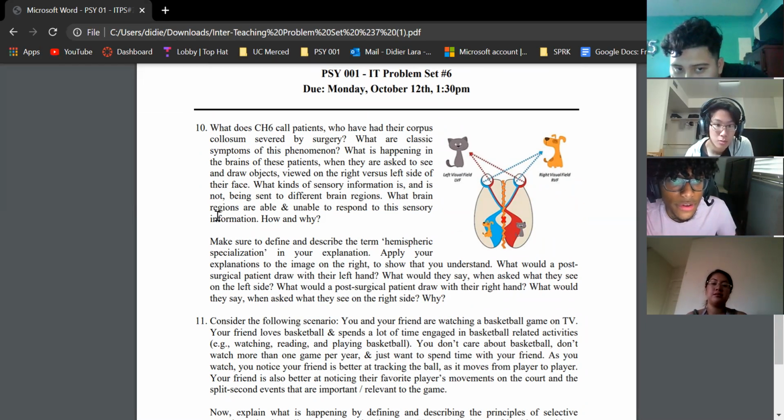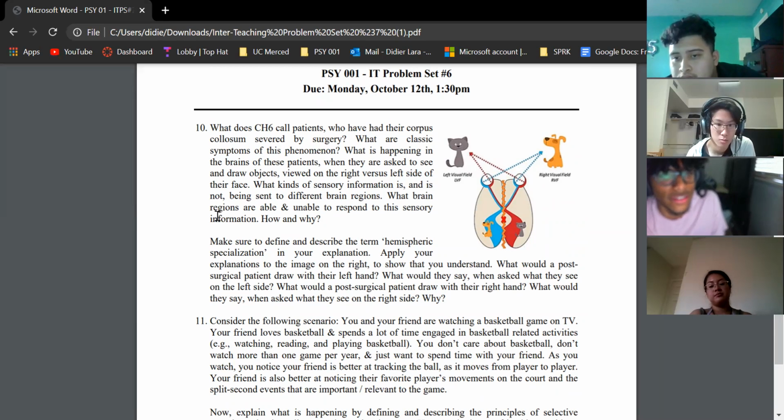For 10, what I put was that they call these type of people who got the surgery split brain, and they do these surgeries to reduce the frequency of seizures and epilepsy. Some of the symptoms would be that one side of their body or their brain has a mind of its own. There are cases where the left hand will put the book down, even though the person was actually interested in it in his right brain.